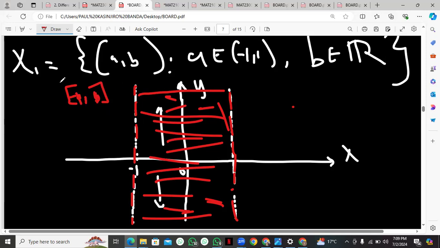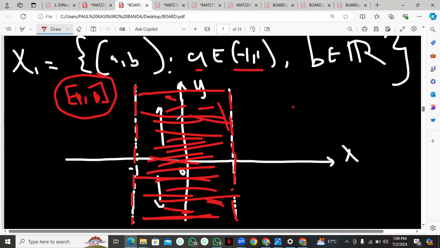If I had this here as my interval for this a, then this would be a solid line, even that would be a solid line. But here it's not a solid line. So make sure you dot it and then you just shade in between here. If you want, you can shade it. Okay, so that's how you represent that set.